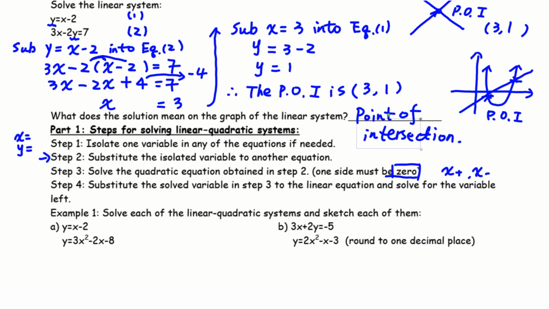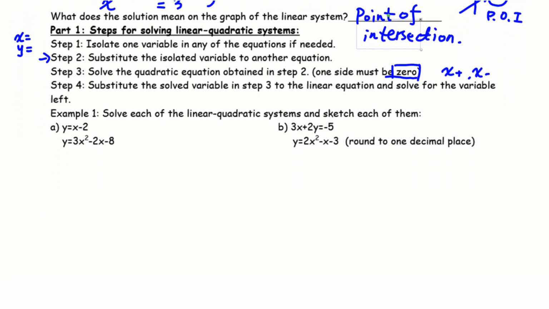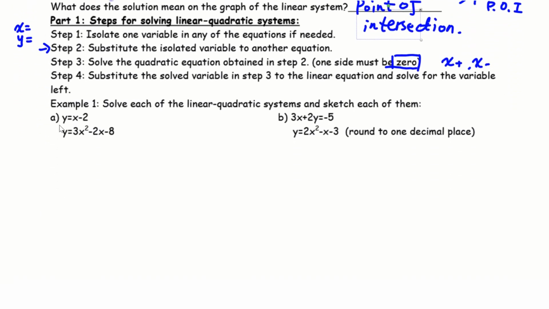So now we are going to see how. Here you will see y is isolated already, so we just need to replace the y in one equation with its equivalent. So sub y equals x minus 2 into equation 2. It is isolated already, so we don't have to isolate it again.